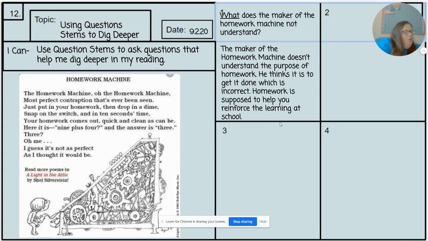And if you look at Miss Knupp's Reader's Workshop notebook, you will see I have a page where I folded it in half, like I showed you before on a previous video, so I could get a nice crease.